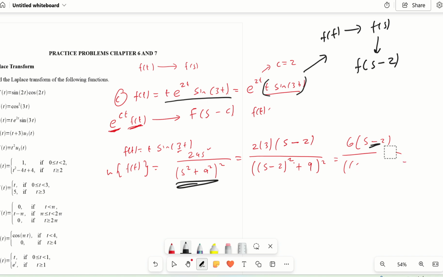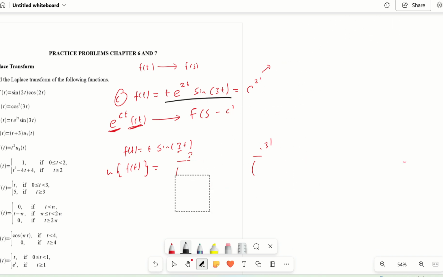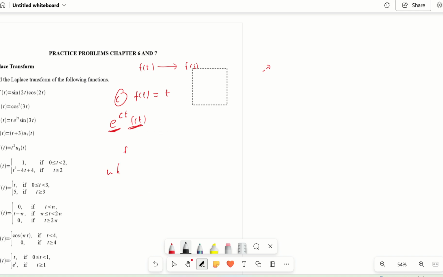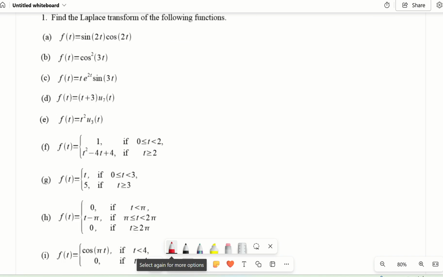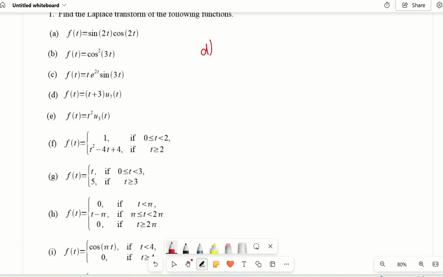So let's do the next one without wasting more time. Let me use the red one. f of t equals t plus 3 u of t minus 7.